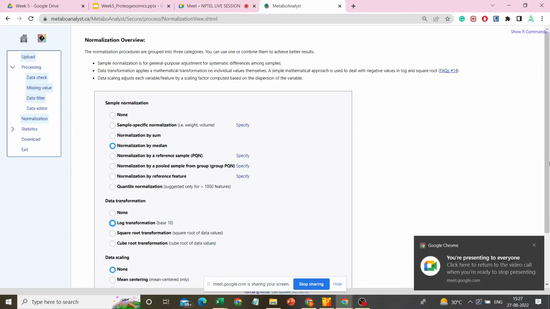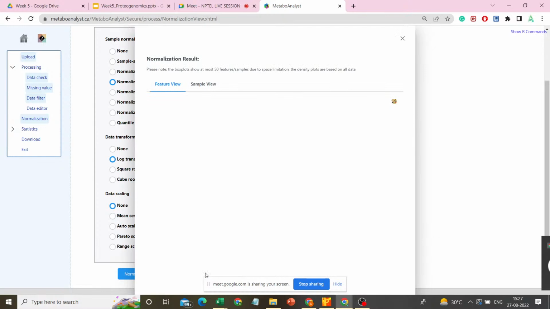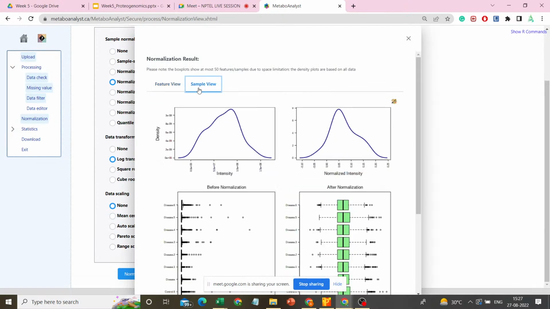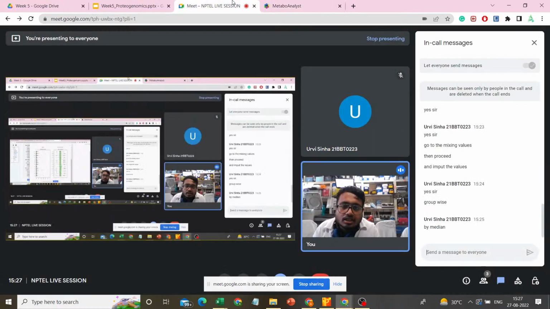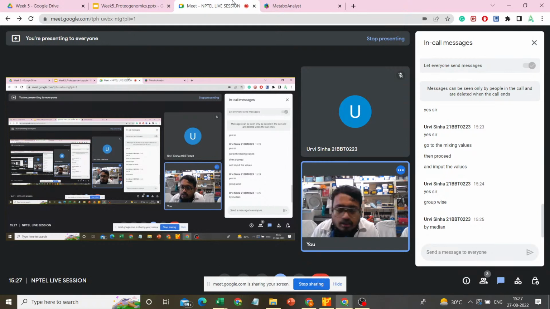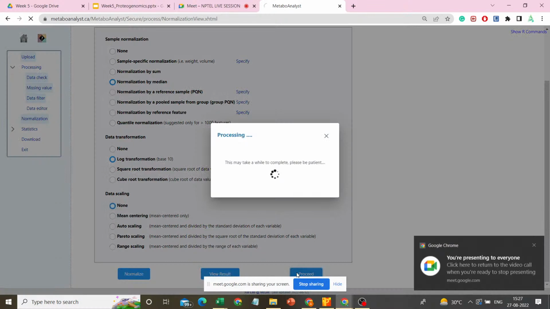So after that we will normalize it, and then we will do a visualization, so we can see that it is fairly normalized, before normalization and after normalization. Then after that we will proceed.